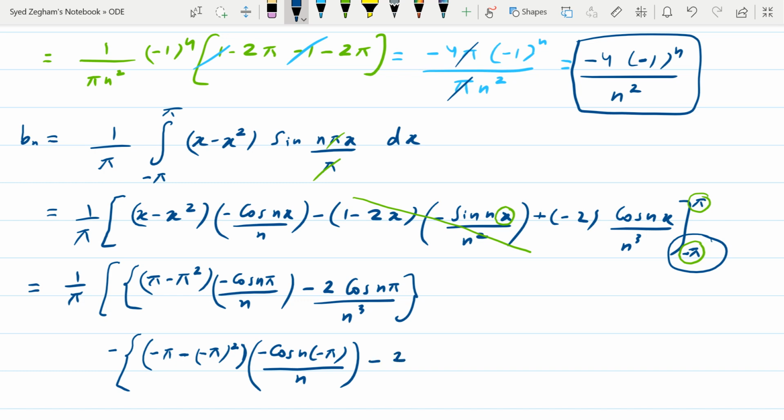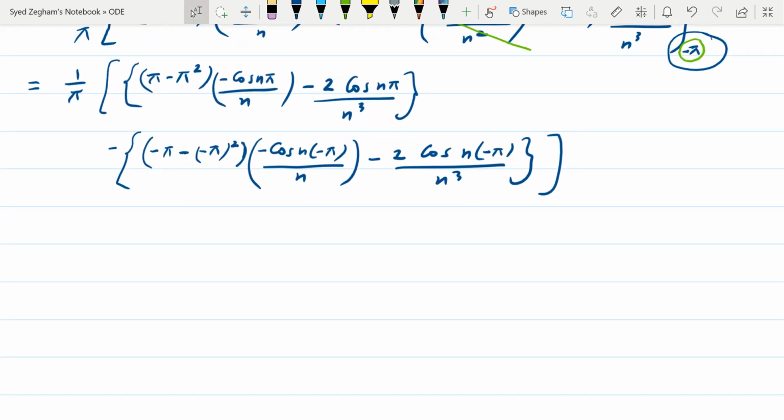Second term will give us minus 2 cosine n times minus pi over n power 3, bracket closed. Let us simplify further. Let's see what happens.